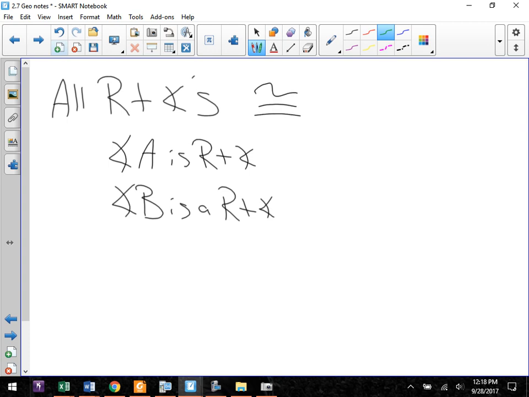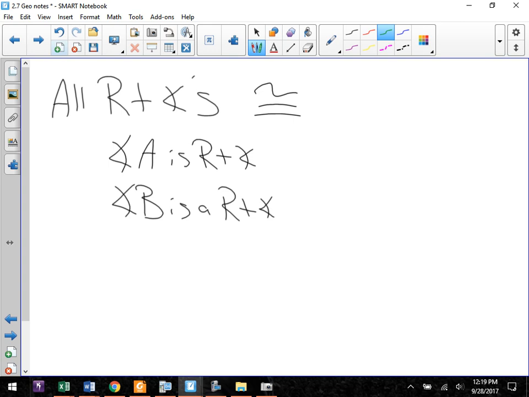We know that no matter what, if you have a 90-degree angle, it's a right angle, correct? And no matter what, the definition of a right angle means that it measures how many degrees? 90. And when things have equal measurement, we always know for dead certainty that they will always be congruent.